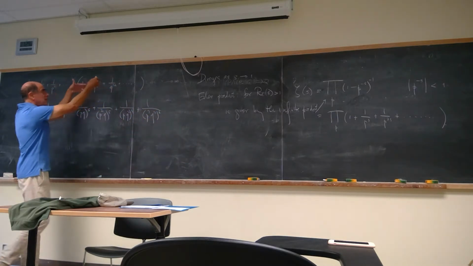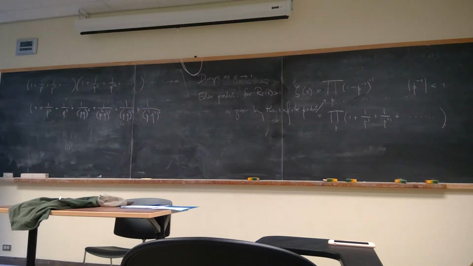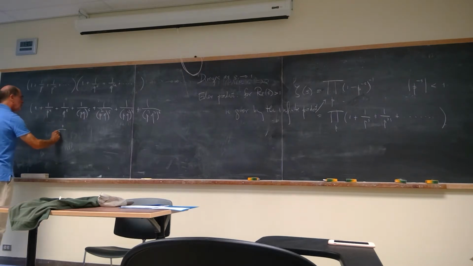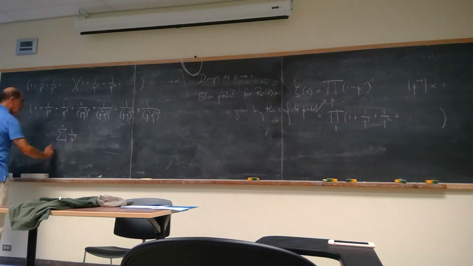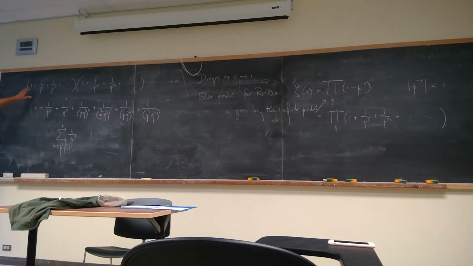You get the idea. You just take the product of all the terms, and so this becomes the sum over 1 over m to the s, where m has the form p to the a, q to the b. So just one of them would just be prime powers. If you took the product of two, you get the sum over 1 over m to the s for all the integers of that form.